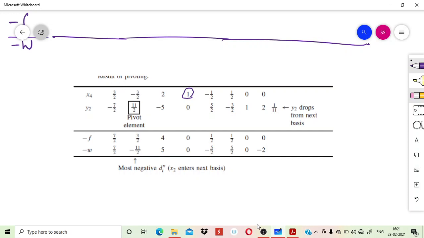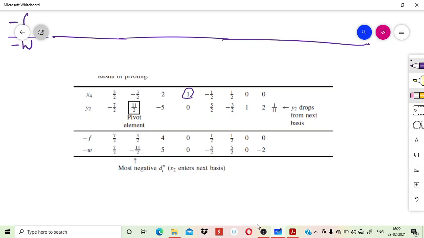In that updated table, you have to find out the entering and leaving variables. For the entering variable, we have to observe the minus w row and find the most negative number in that row.